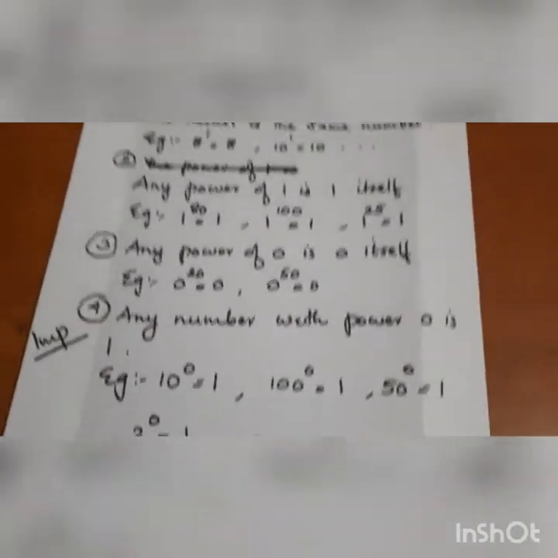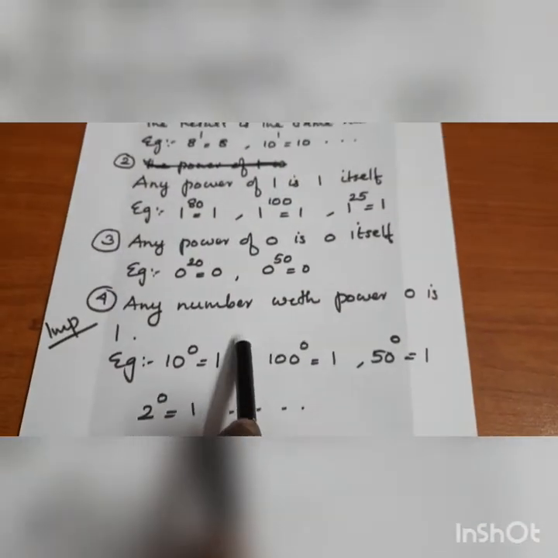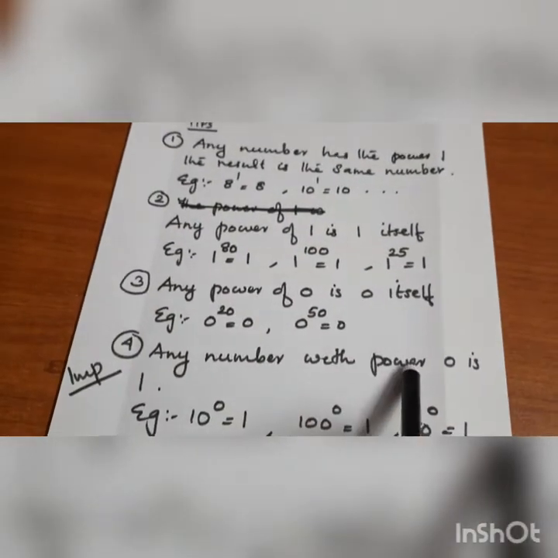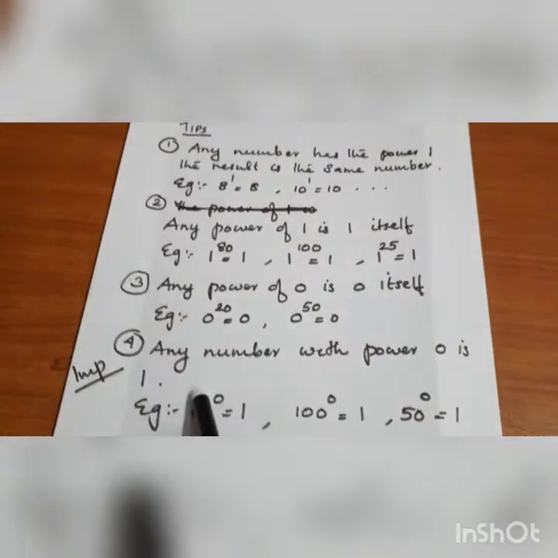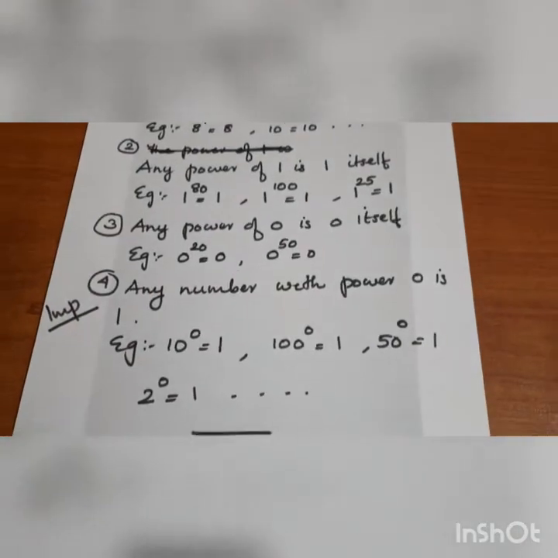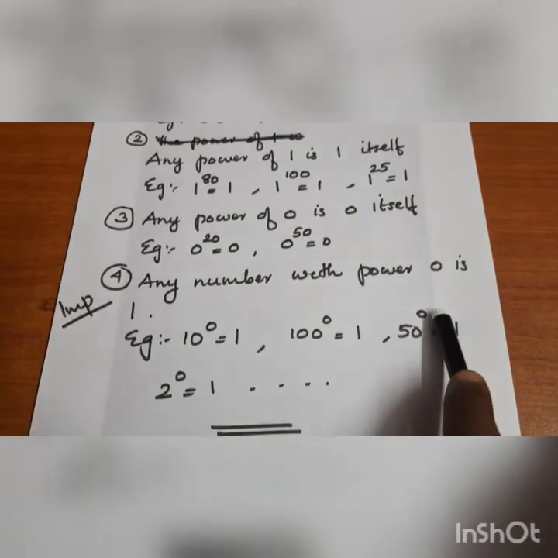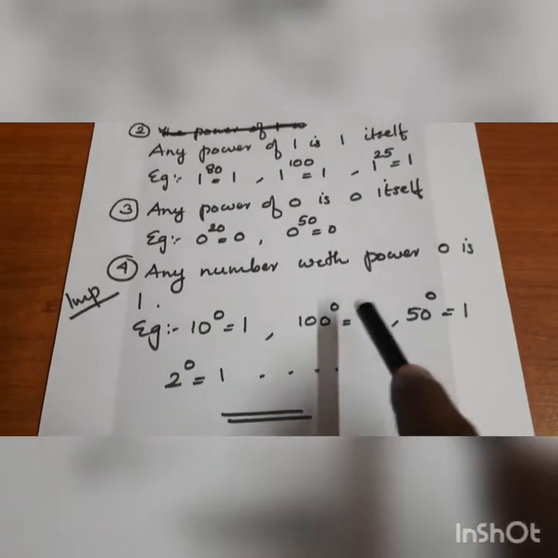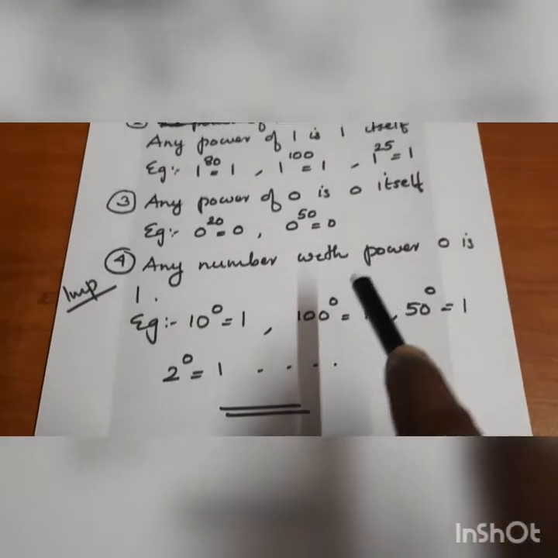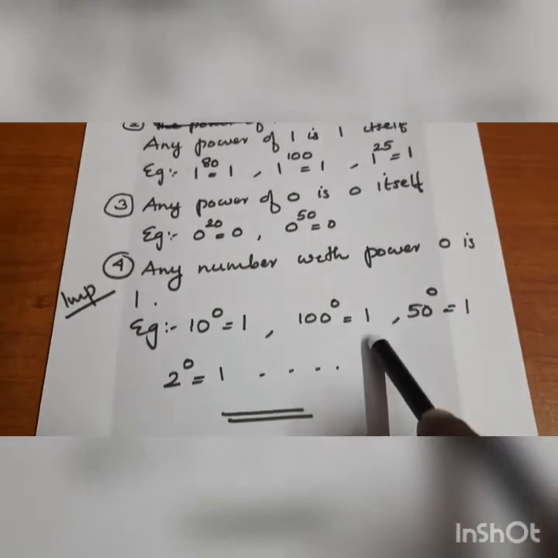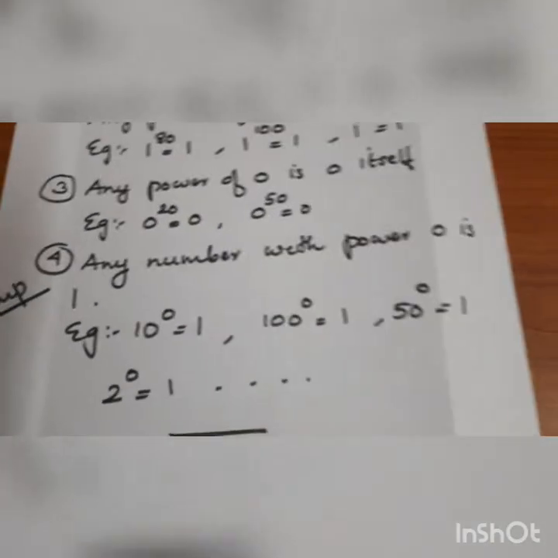Then one special tip: any number with the power 0, the answer is 1. That is also not in the textbook, but you must understand it for your USS exam.